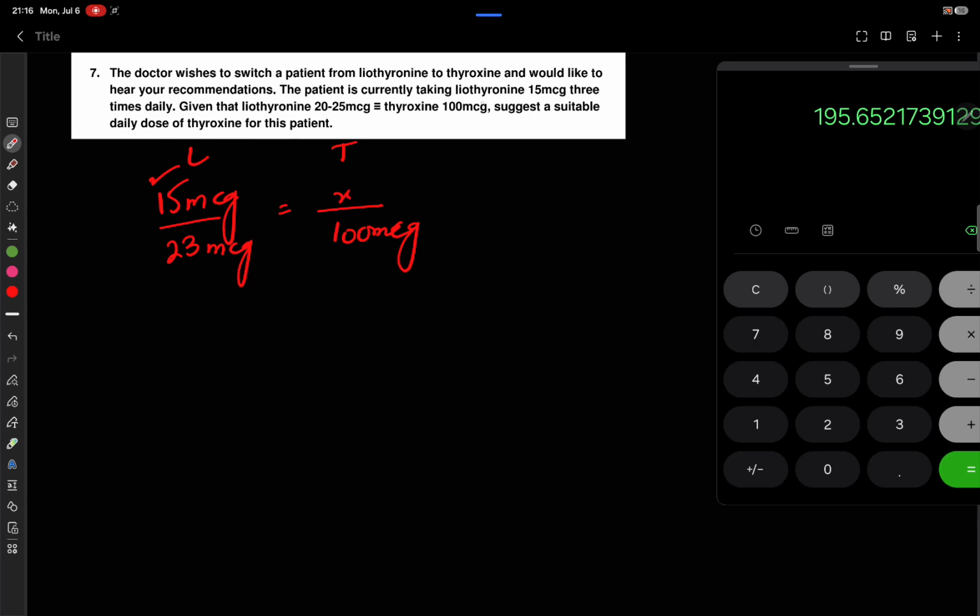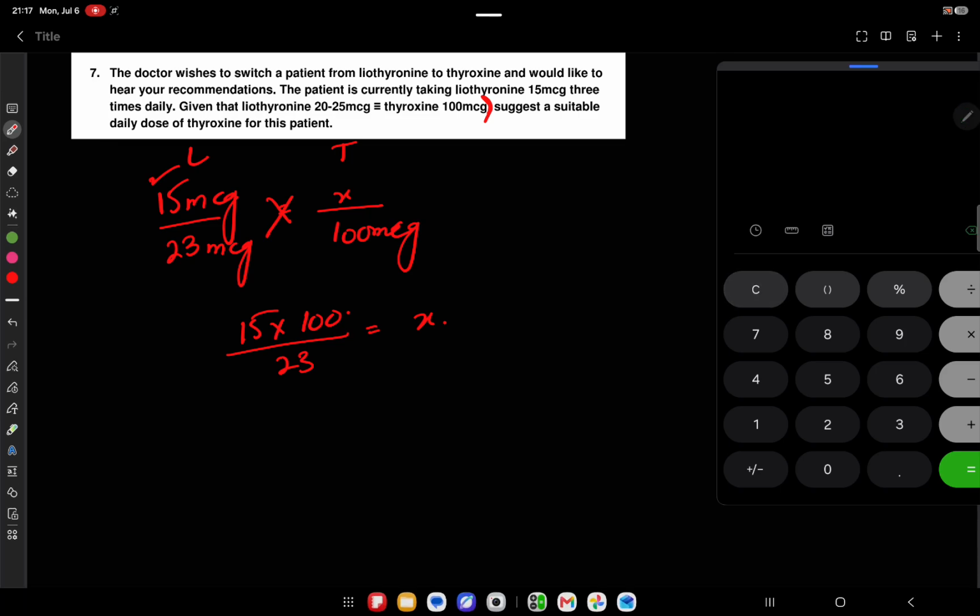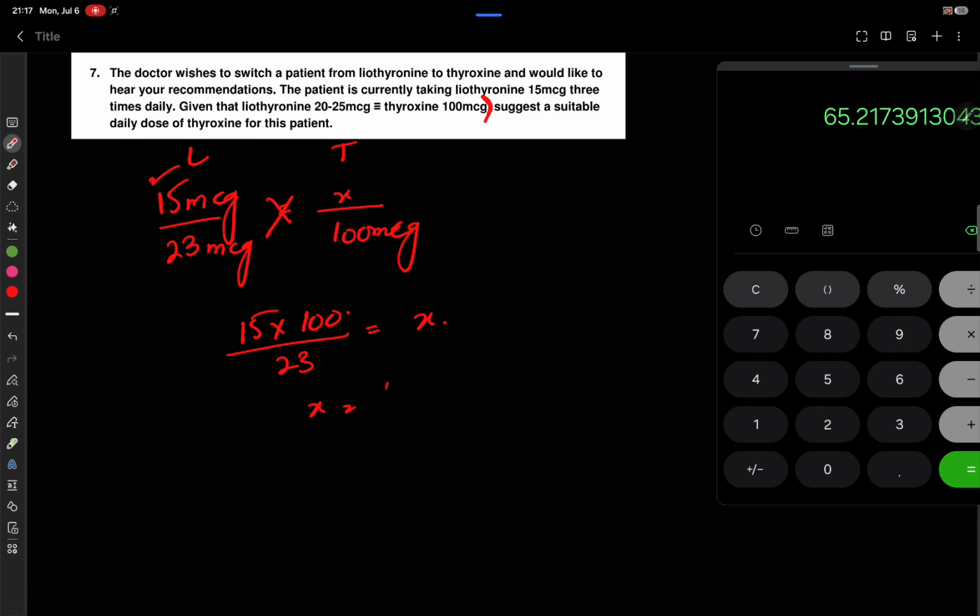We will stop reading the question at this point and solve this problem. We'll do cross multiplication: 15 into 100, with 23 on one side and x on the other. 15 times 100 is 1500, divided by 23, x is equal to 65.217 microgram. Now we'll read further. Suggest a suitable daily dose of thyroxine for this patient.